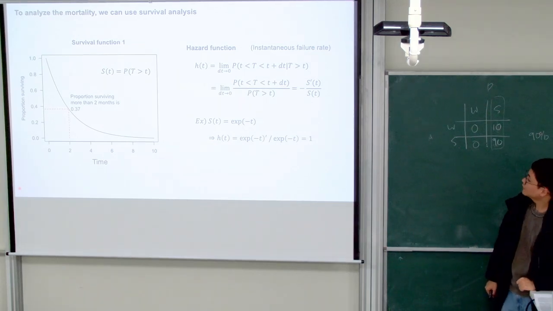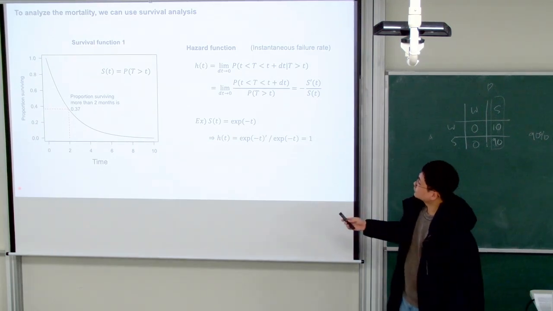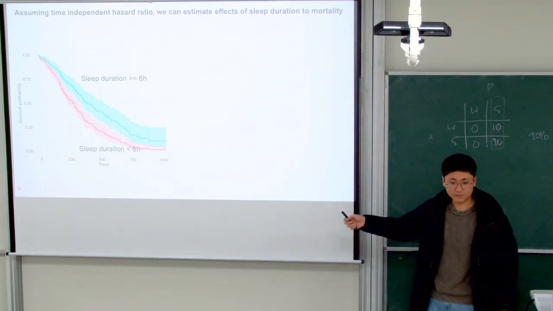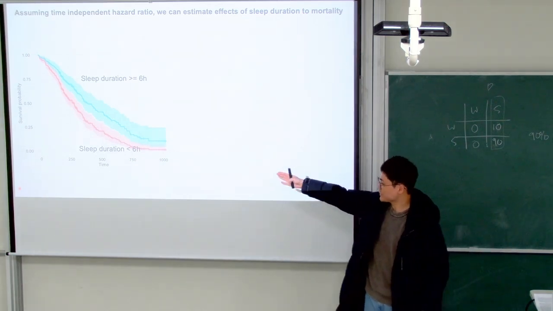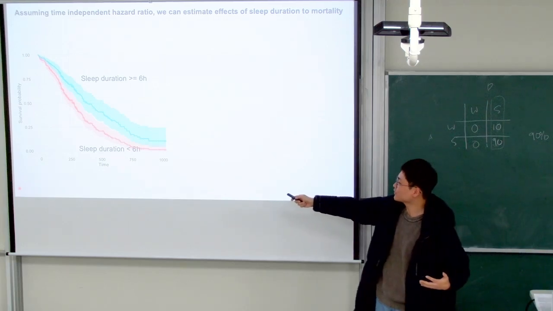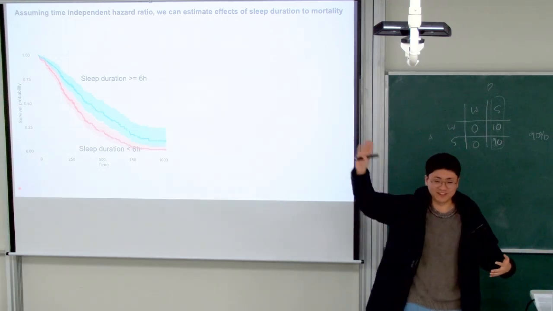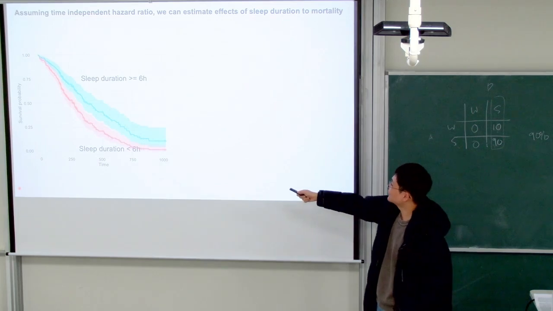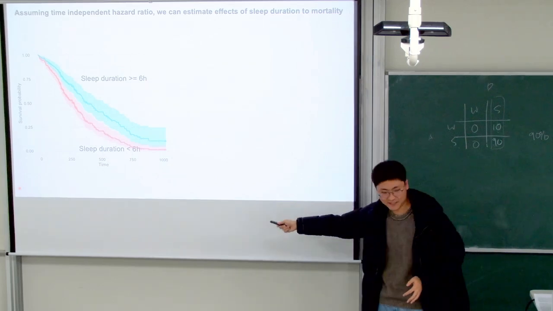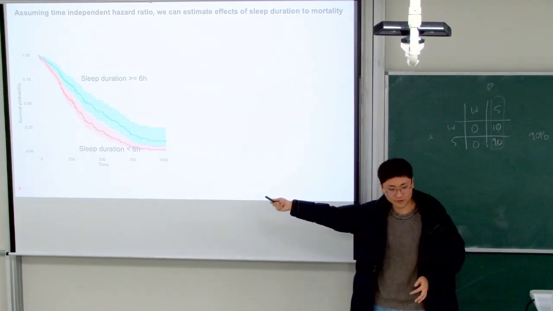Okay. So, for example, depending on whether this person is in the group who slept less than 6 hours. Actually, this graph I just borrowed from another paper. So maybe we can divide them into 2 groups, who slept less than 6 hours or more than 6 hours.